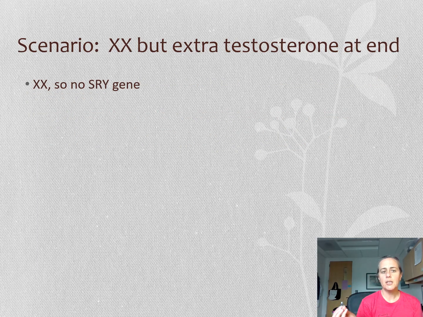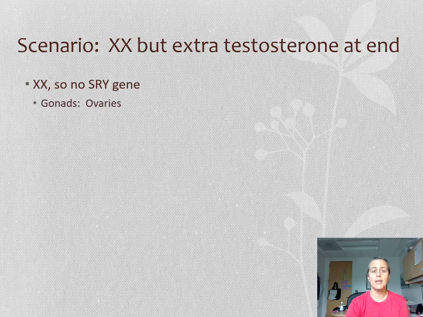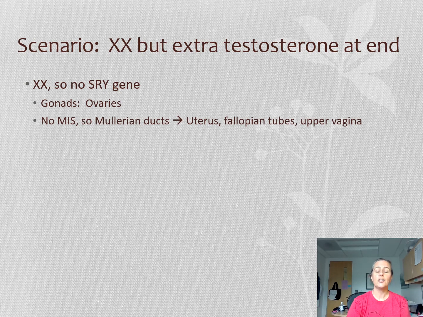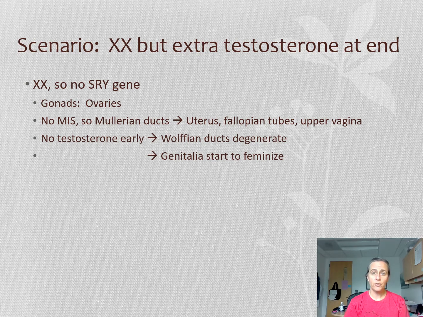So this is somebody who is XX, which means they have no SRY gene, right? So they're going to go ahead and make ovaries. And so they're not going to have MIS, so their Mullerian ducts are going to turn into the uterus and fallopian tubes and upper part of the vagina, just like you would expect. Their Wolffian ducts are going to degenerate, and their genitalia will start to turn into a vulva.